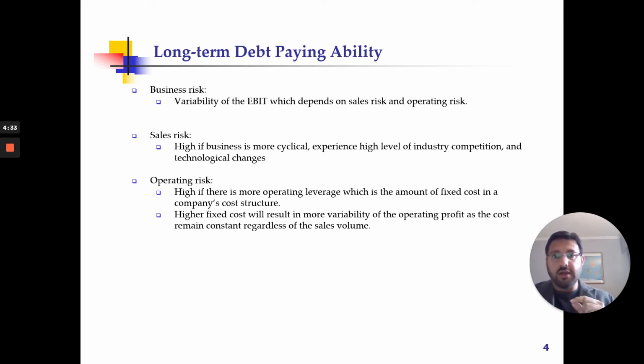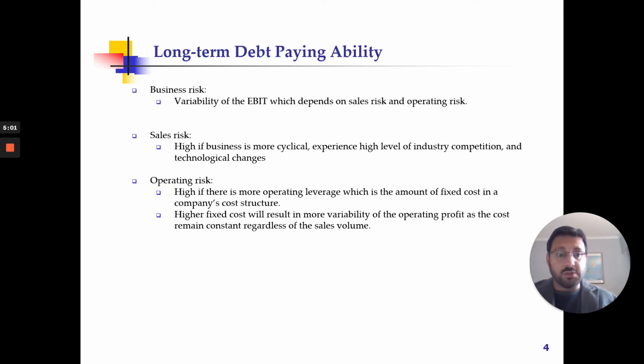So this variation of the operating income or EBIT will be very, very high because of the larger fixed cost in the company's cost structure. So if the fixed cost is more, then fluctuation in sales can lead to a bigger fluctuation in the operating income or EBIT.